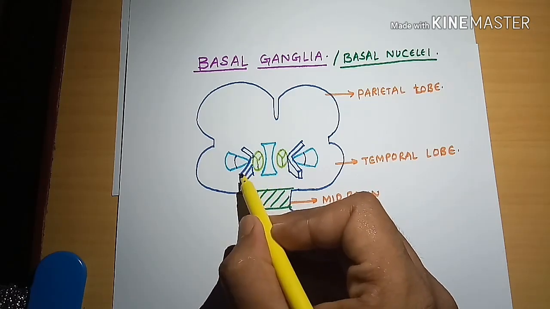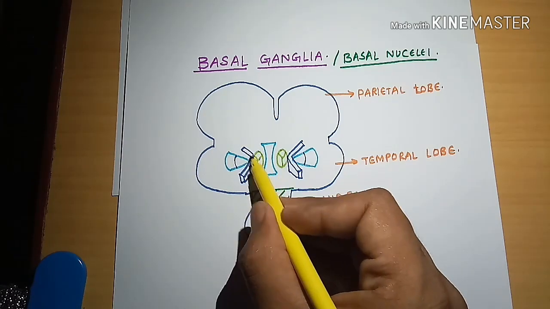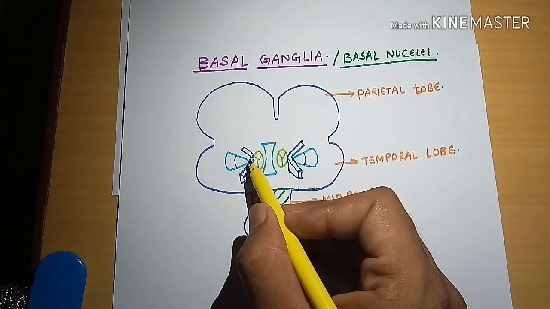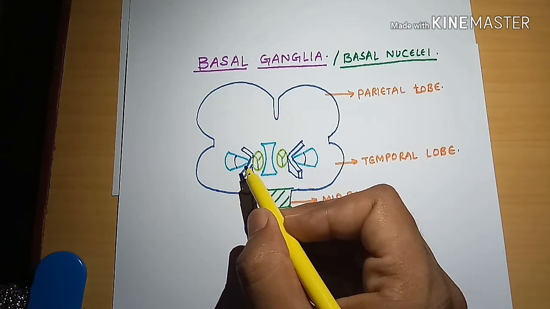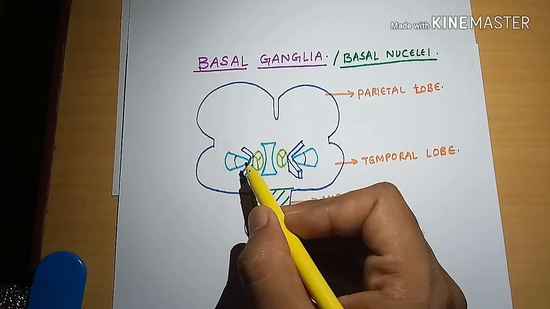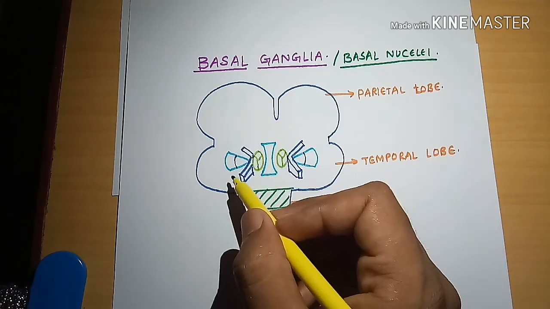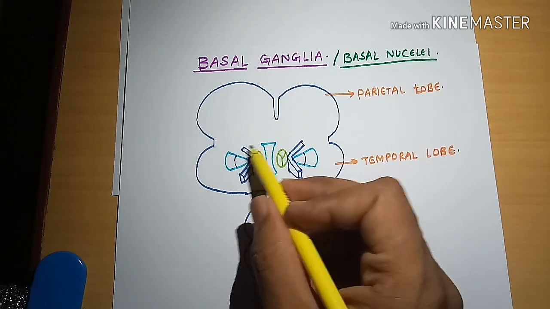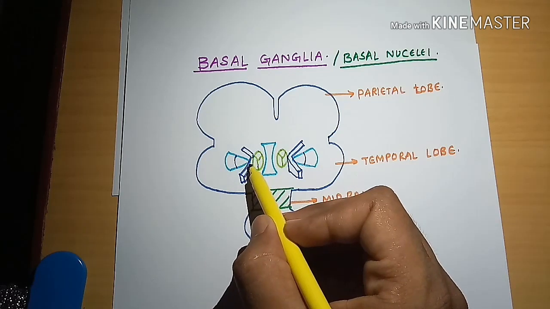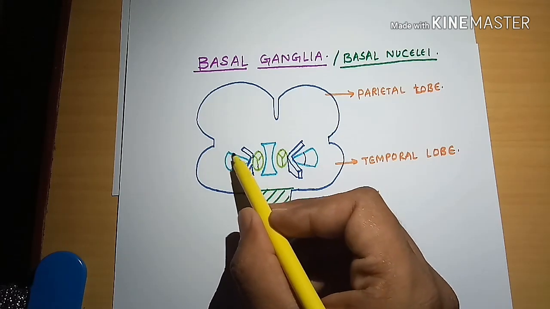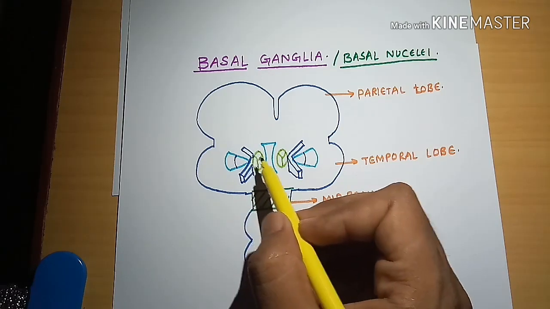the more medial part towards the thalamus is called the globus pallidus. In between the lentiform nucleus and the thalamus there is a mass of white matter where the ascending and descending fibers, the spinothalamic tract and corticospinal tracts, are passing. This portion, which forms a layer of white matter between the lentiform nucleus and the thalamus, is called the internal capsule.